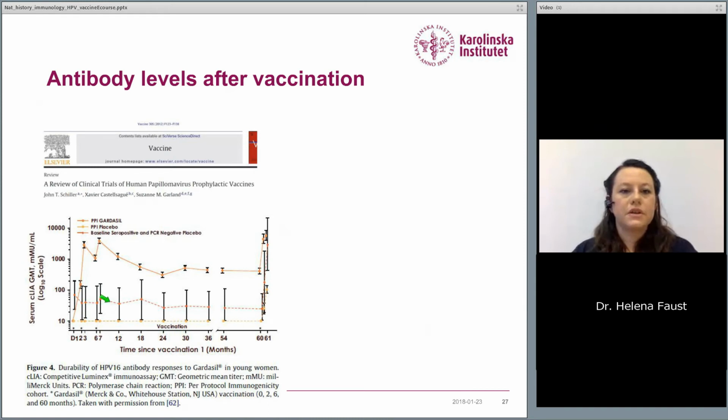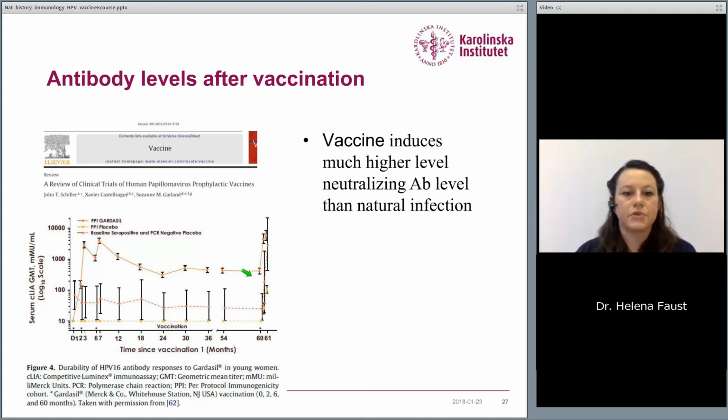So what about antibody levels after vaccination? Here we can see the natural infection levels, and these are the levels after vaccination. It's like 100 times higher than natural infection. The levels after vaccination will stabilize and decline over time, but it has been shown that after 5 years, antibodies are still there.